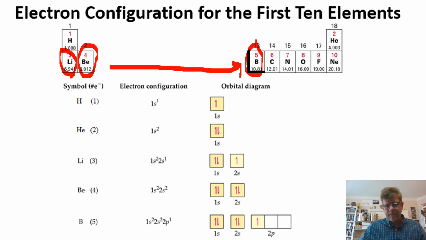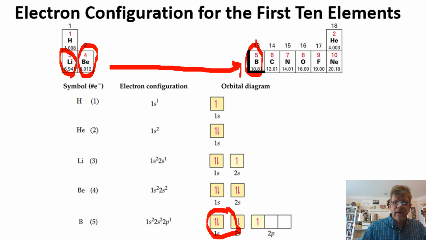And right now, we have our 2p orbital with only 1 electron in it. And that's fine. There's only 1 electron we have to deal with. So let me ask the question before we go to the next series. If I showed you an s orbital, how many electrons can fit in it?